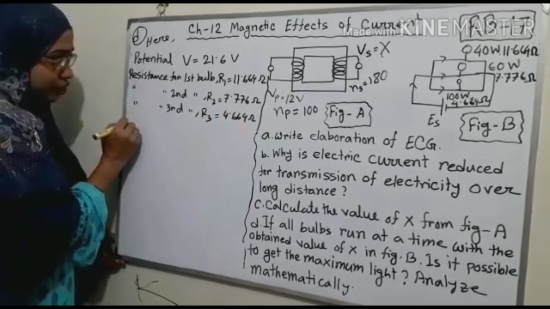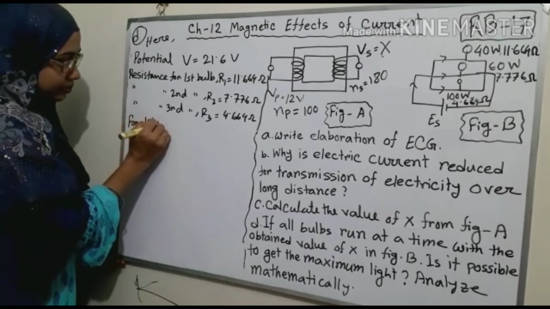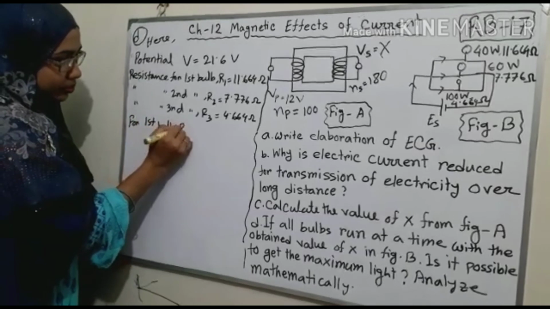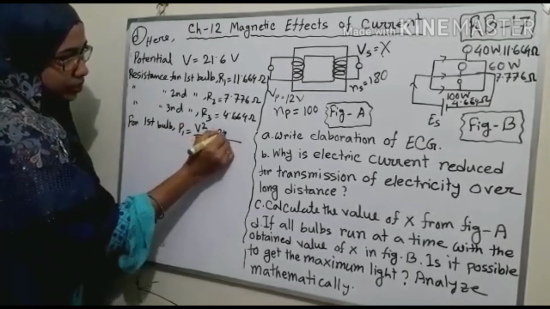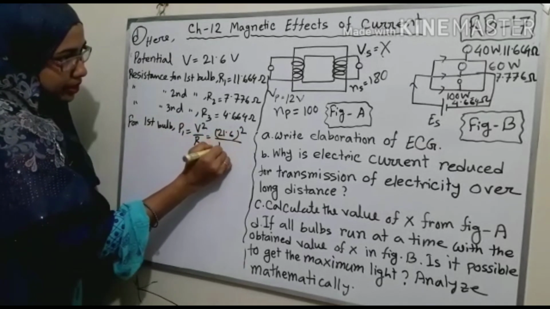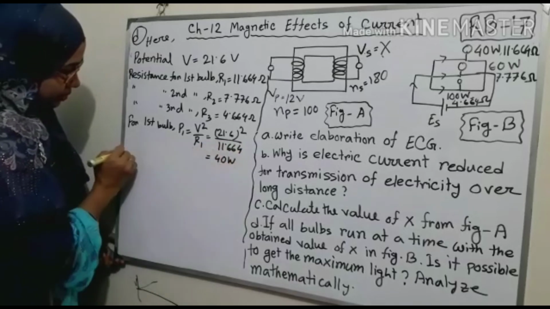So we will find out the power here, and to find out power we have to write each bulb's power. So for first bulb, P1 equals V square by R1, 21.6 whole square divided by 11.664, and it is 40 watt.